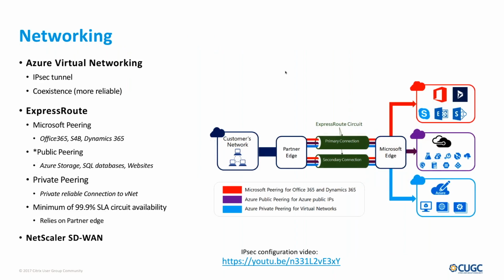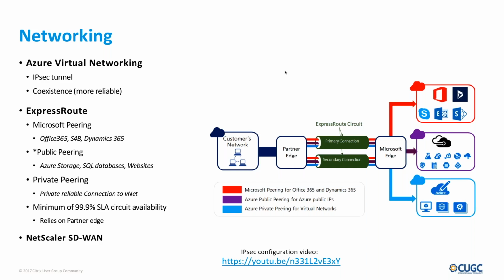So now I want to talk more about Azure networking. As mentioned in one of the first slides, Azure networking can be activated in several ways. One of them is Azure virtual networking with IPsec VPN tunnels. That's the simplest way to connect your on-premise firewall or router to Microsoft Azure.